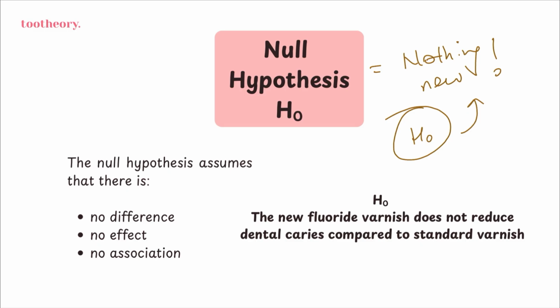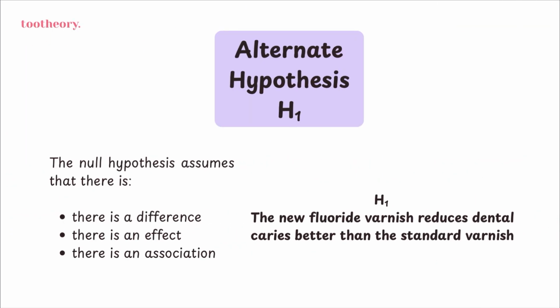Now let's look at the alternate hypothesis, which is denoted by the H1. This is basically the opposite. It says that there is a difference, there is an effect, and there is an association between our idea and the actual idea. For example, it says the new fluoride varnish does reduce dental caries better than the standard varnish.